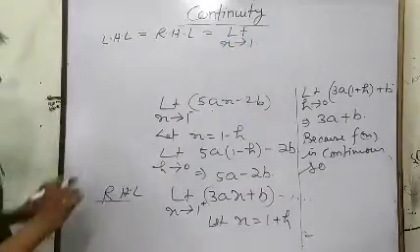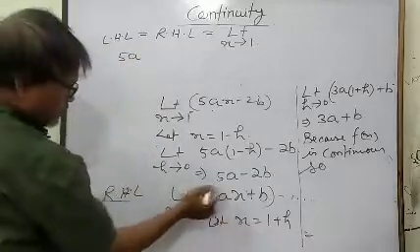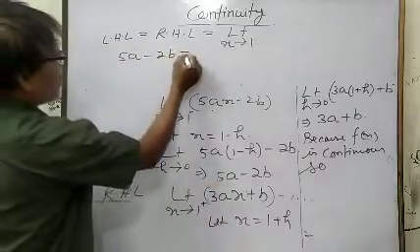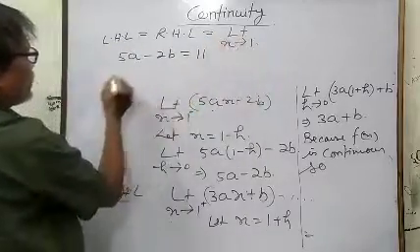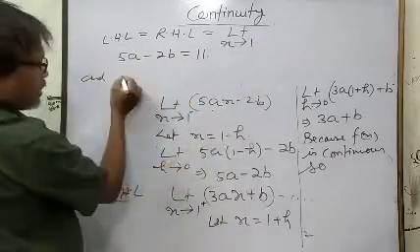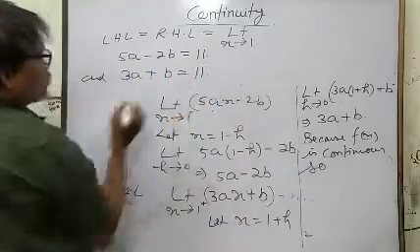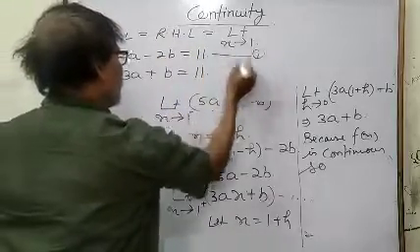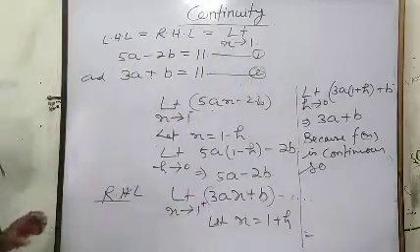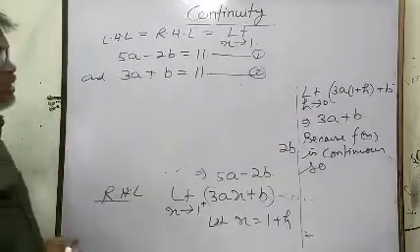So in this case you can take 5a minus 2b is equal to 11, because this and this are equal, and 3a plus b is equal to 11 also, because these two are also equal. Now solve equation 1 and equation 2 simultaneously, and you will get the values of a and b.